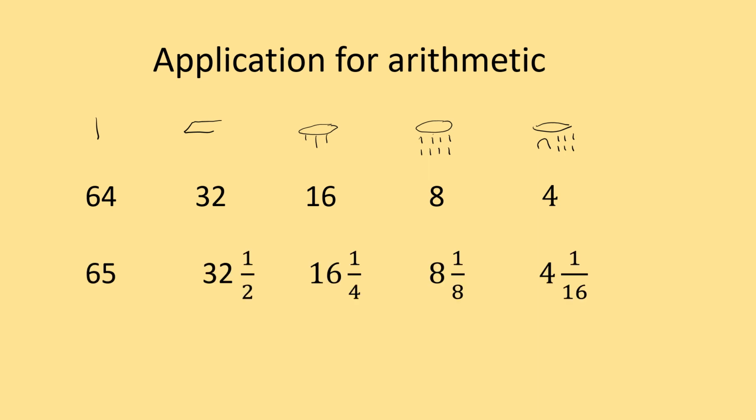So if I look at what happens with a number like 65, which is an odd number, and it's one more than 64, instead of getting just 32, I will get 32 and 1/2. And when I find half of 32 and 1/2, I'll get 16 and 1/4. And half of 16 and 1/4 is 8 and 1/8. And half of 8 and 1/8 would be 4 and 1/16.